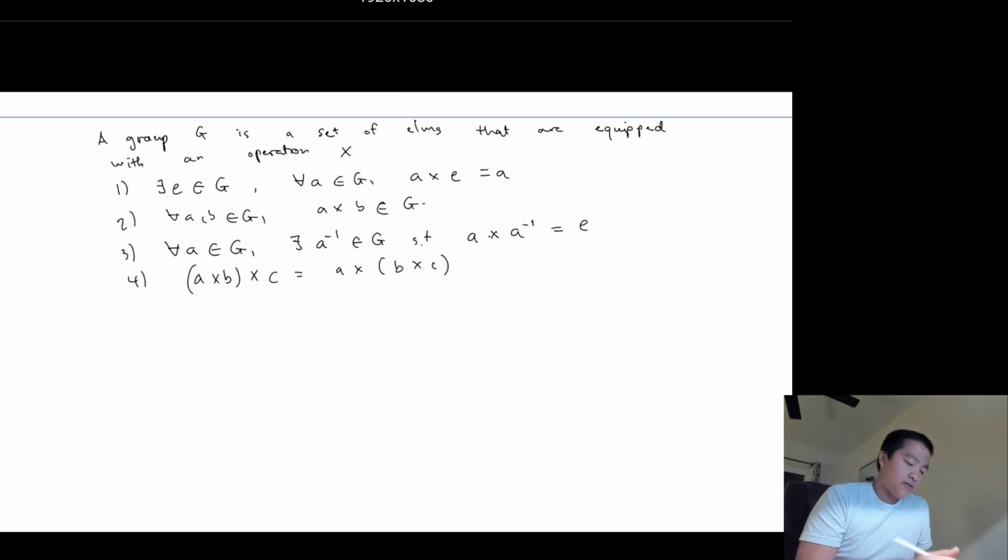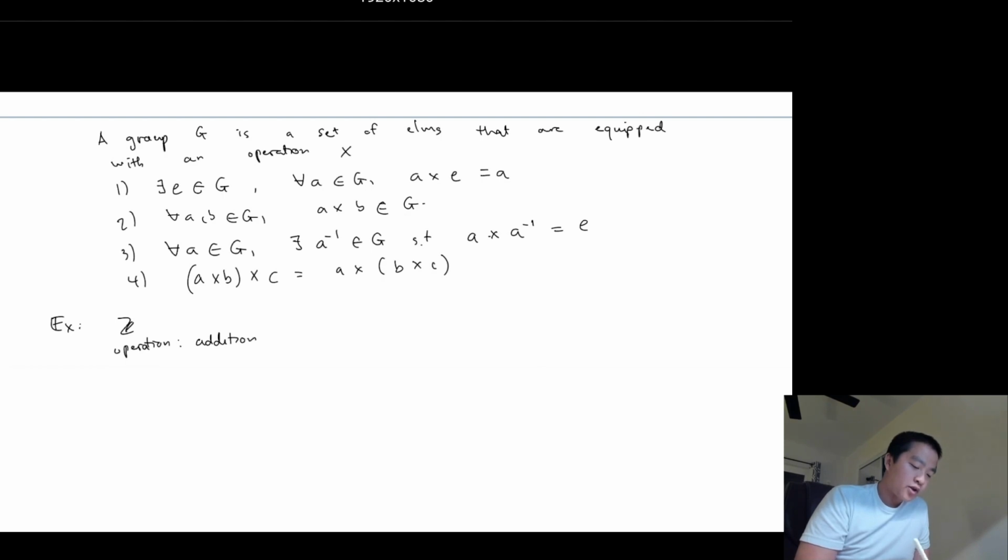Now we're not going to go into every detail of group theory here. I'm just going to define this and say, okay, so what are some groups? For example, the group of integers with the operation addition.